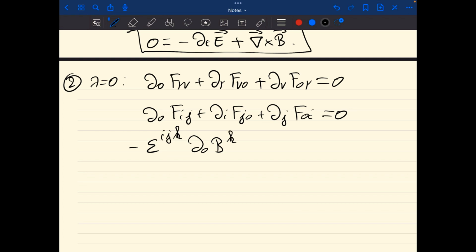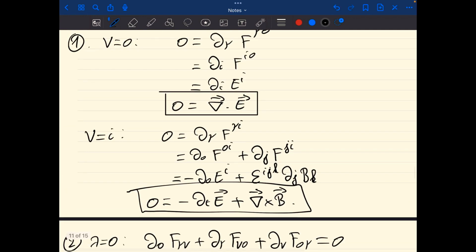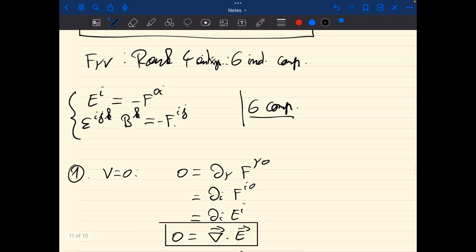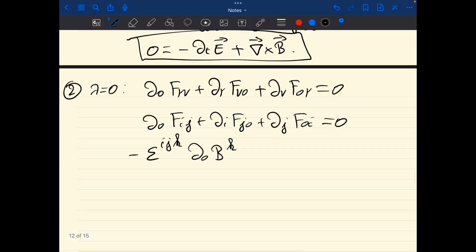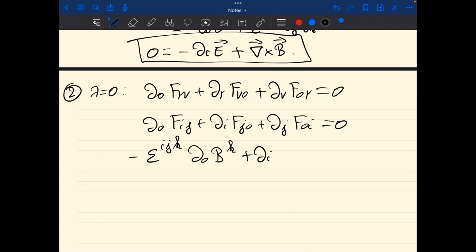For some reason I put the index up, but it's okay. F_{j0} is E_j, and F_{0i} is minus E_i, equal to 0.